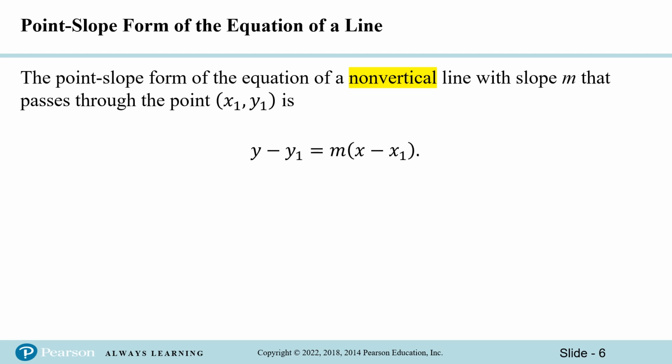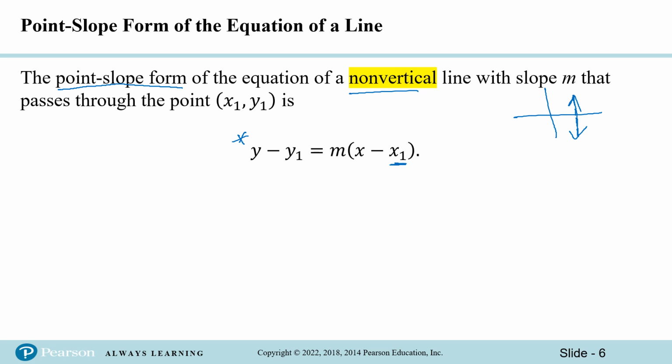All right, let's talk about point slope form. The line does have to be non-vertical. What does that mean? This doesn't work if we have a vertical line, right? But as long as it's not vertical, we can use this formula to write an equation through a given point.